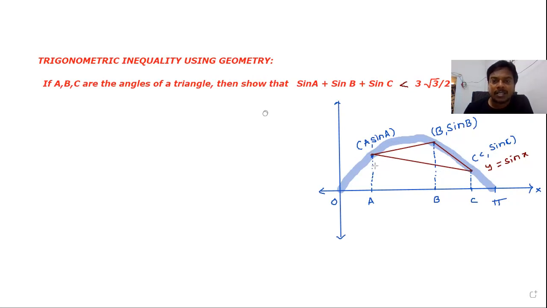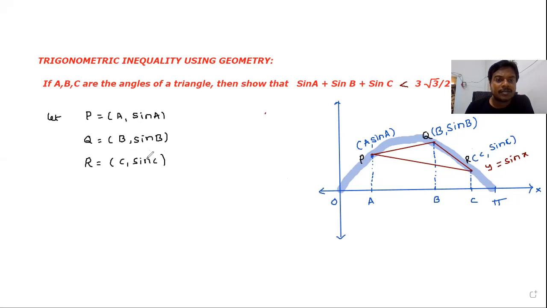Suppose that the points on the curve are P, Q, and R. Let P be (A, sin A), Q be (B, sin B), and R be (C, sin C).